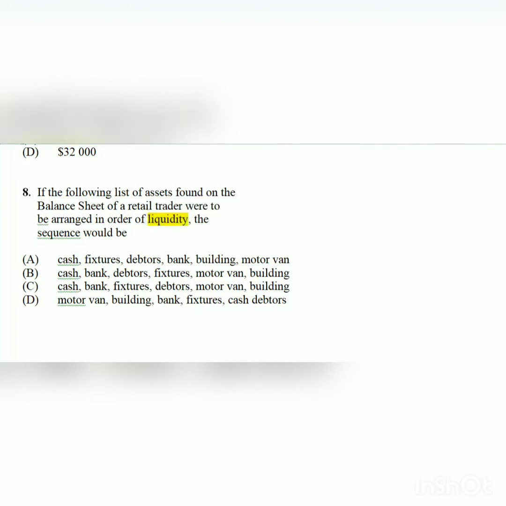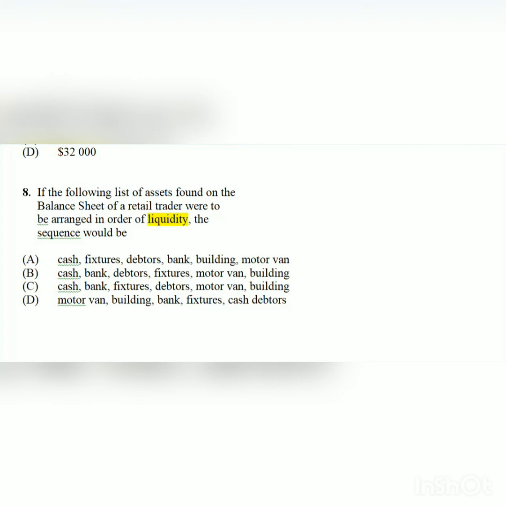Now, remember, I think it was question 3 or so when I spoke of liquidity, I made mention that it is the ease at which an asset can readily turn into cash. So when we talk of liquidity or the liquidity of an asset, it's how fast that asset can turn into cash. So let's look at our options.